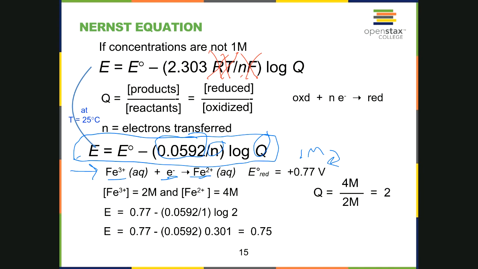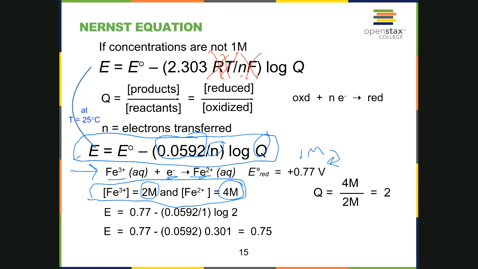And that's what this down here is telling us. The concentrations are not 1. The iron 3 is 2 molar, and the iron 2 is 4 molar. So they're different than 1.